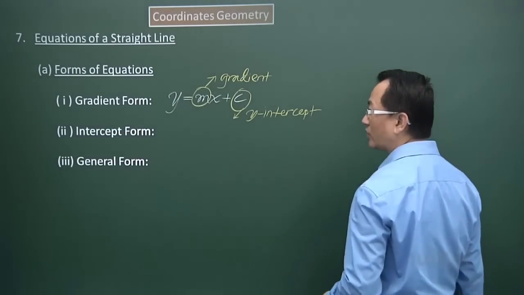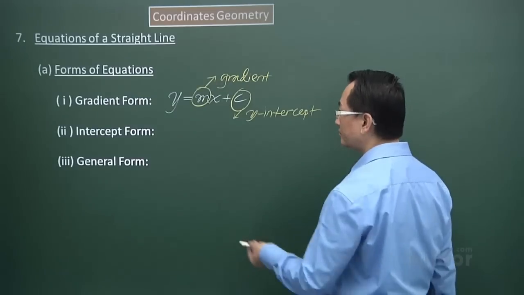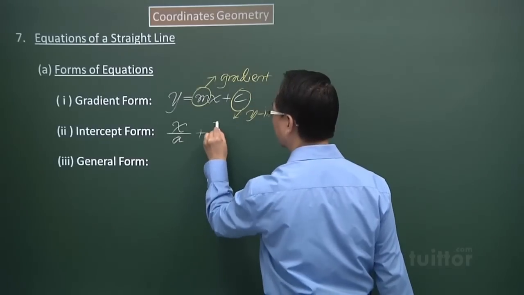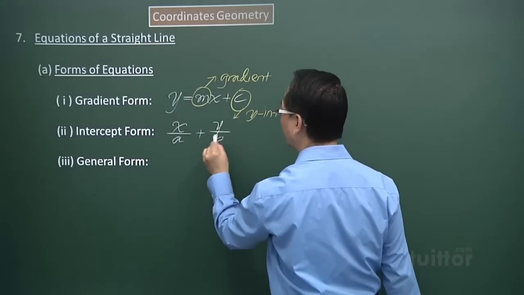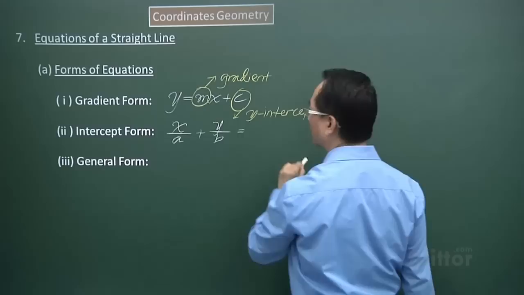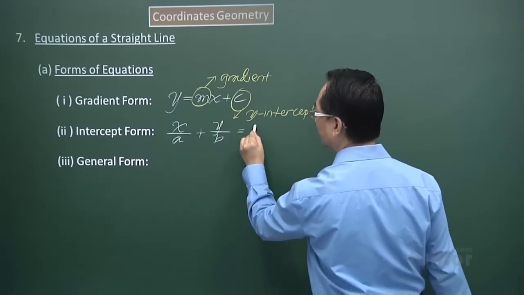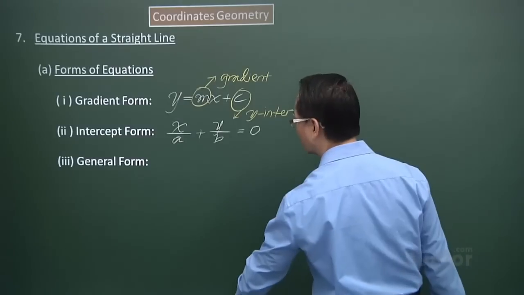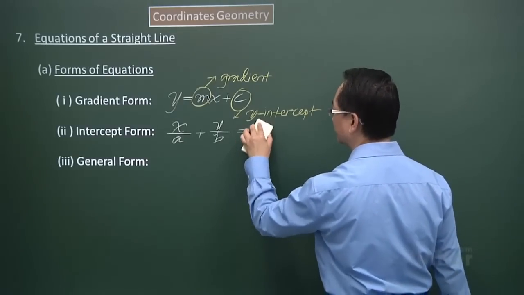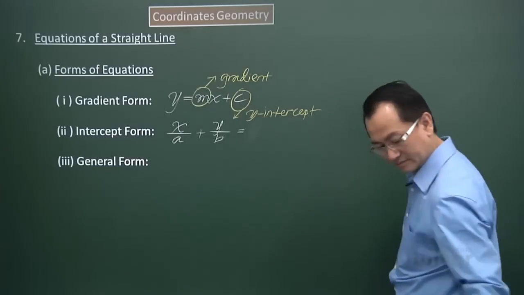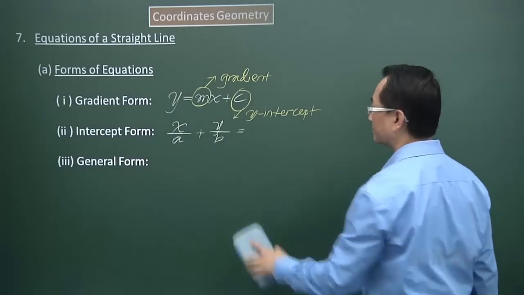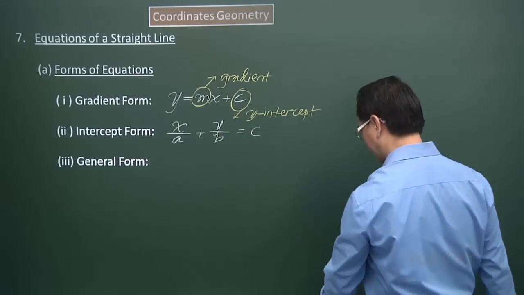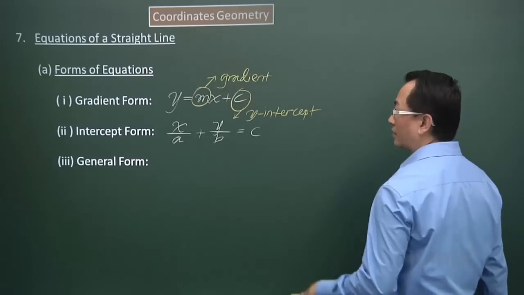Then for part 2, we look at the intercept form. We have x over a plus y over b equals 0, or equals c.